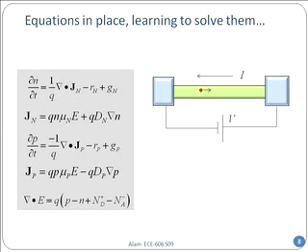Generation rate, most of the time it's a certain flux, a certain number that will be given. Let's say a cosmic ray is hitting your device. It will generate a certain electron-hole pair. So that will be a given number. And you can see that mu n and D sub n, these are constants, right? So I have 3 partial differential equations.